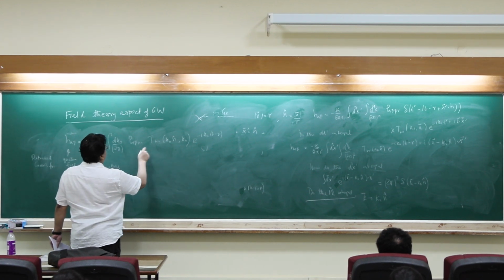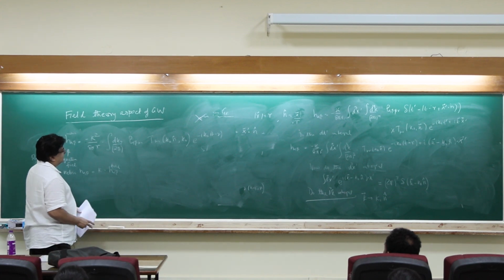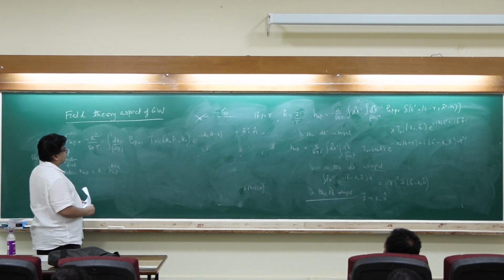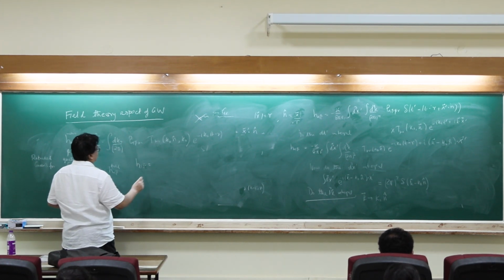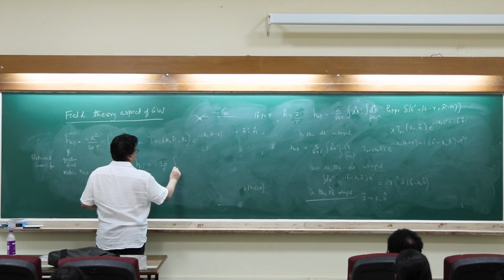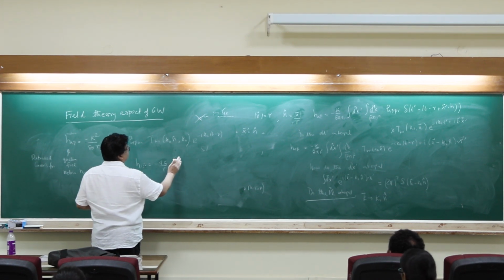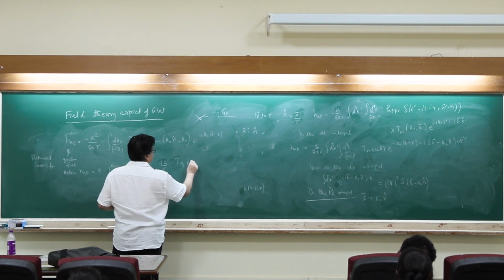this basically is your T mu nu, or I write Ij, just take the Ij. And I can write this whole thing as Tij in x.